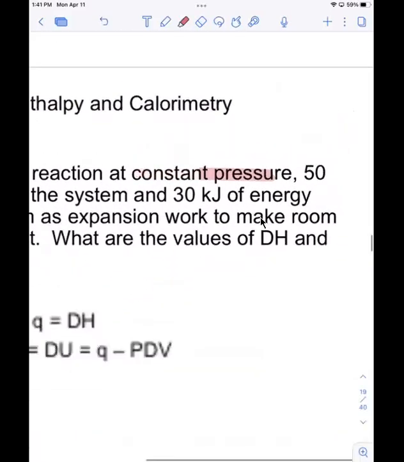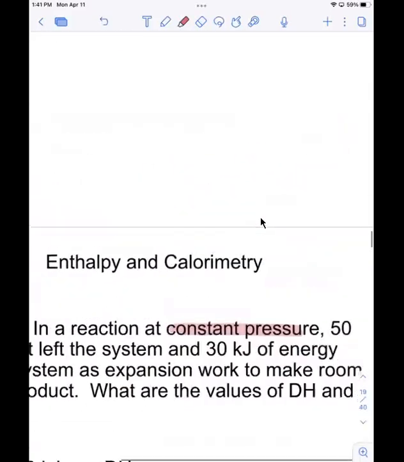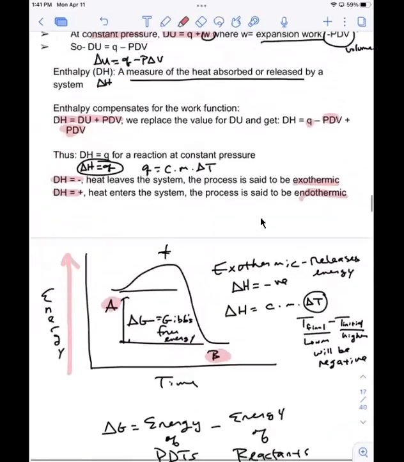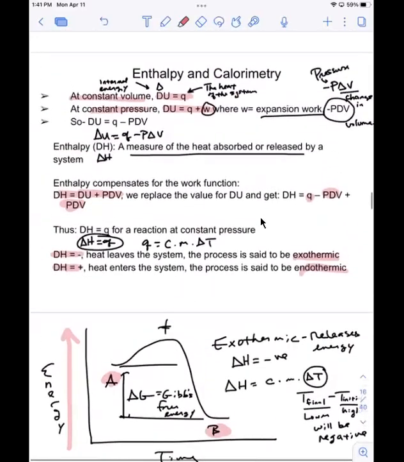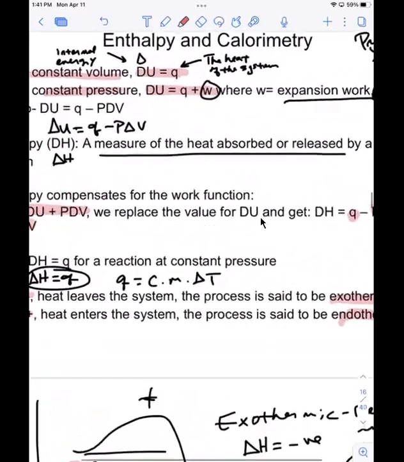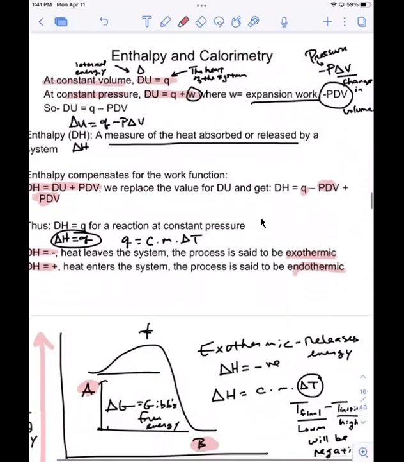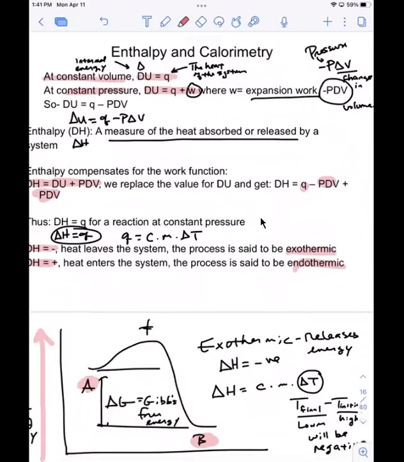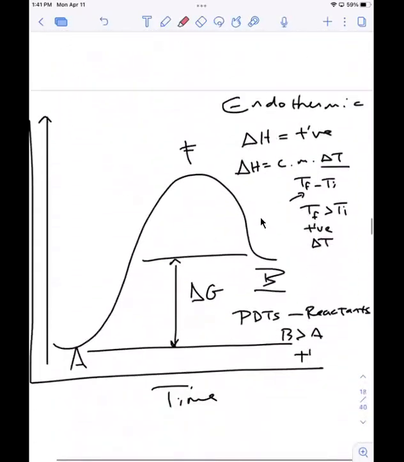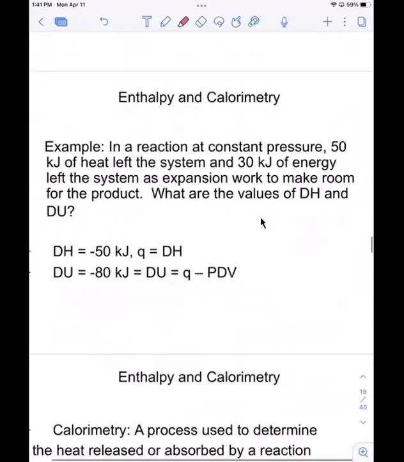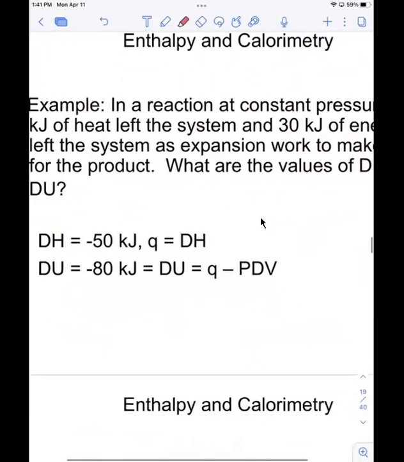If it's at constant pressure, let's go back up to our relationship up here. At constant pressure, delta U is Q plus W, right? Or Q minus P delta V. That's the relationship that we're working with, right?